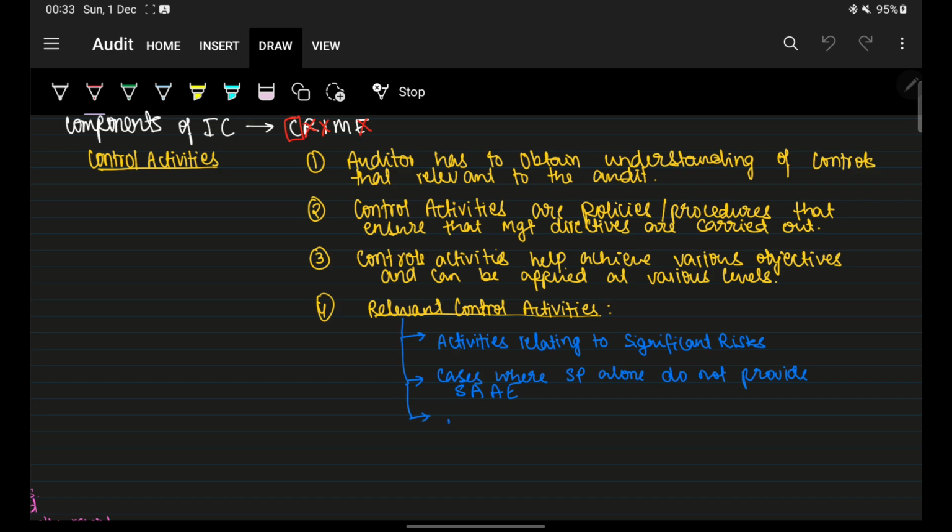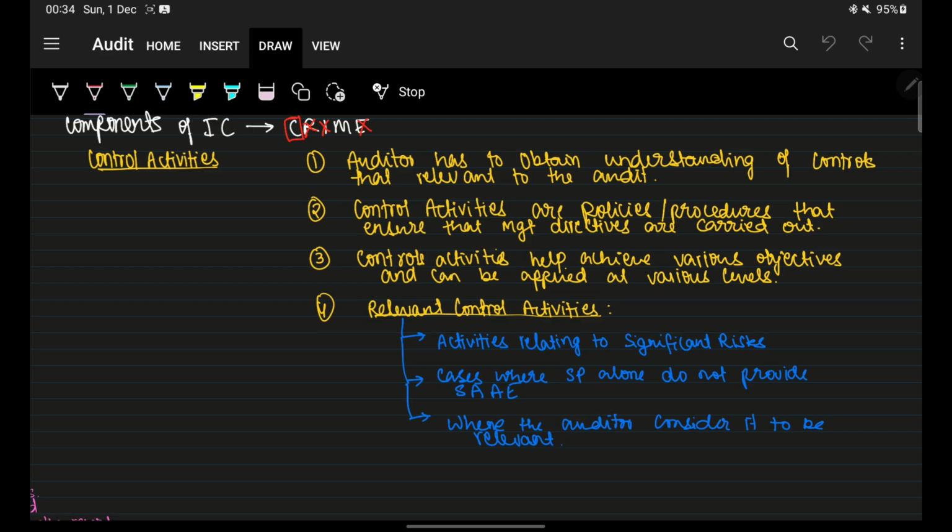Okay, and lastly, where the auditor considers it to be relevant. Who is stopping the auditor? Who will stop the auditor? Nobody can stop the auditor.